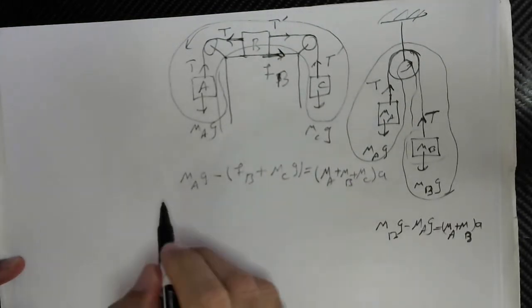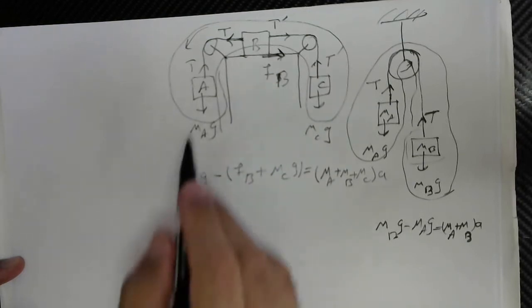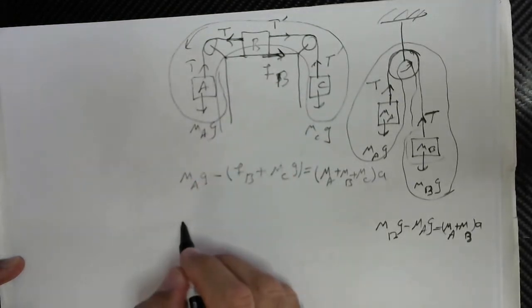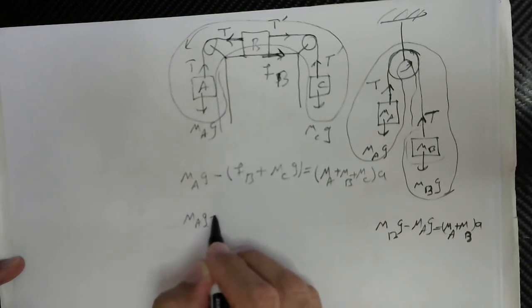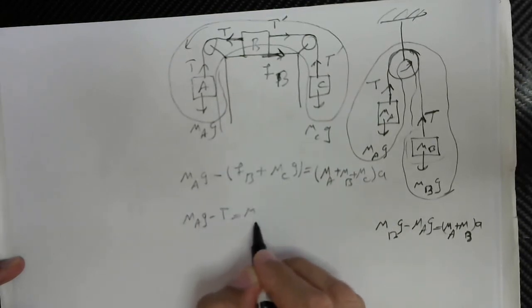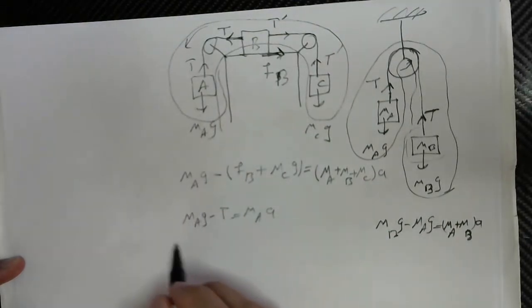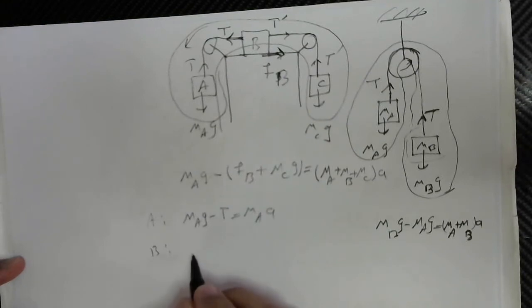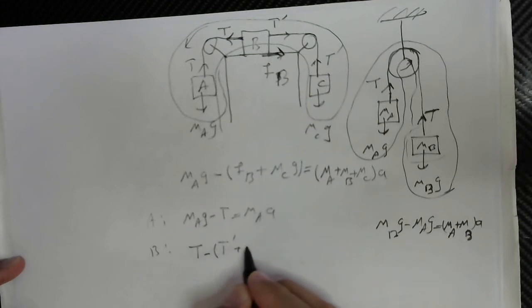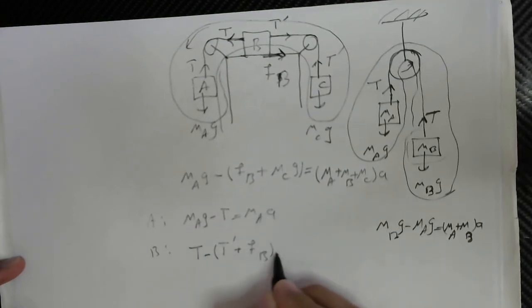But you can also consider A as the system, so you could say MAG minus T is MAA. You can consider B as the system. This is A, this is B, so T minus T prime plus FB is MBA.